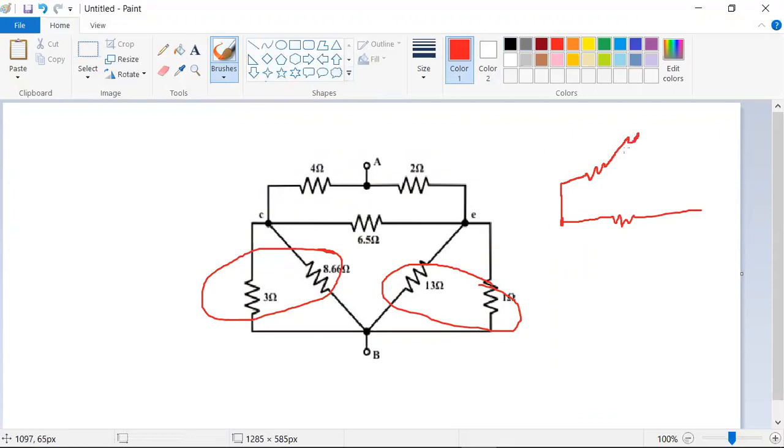This is my A point, right? And again, I'm writing like this. This is C point. This is E point. Here, this is 4 ohms. This is 2 ohms.